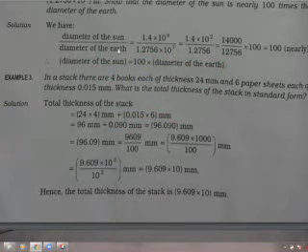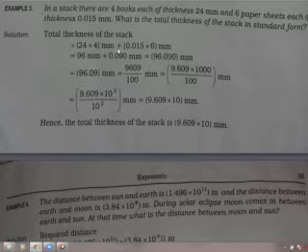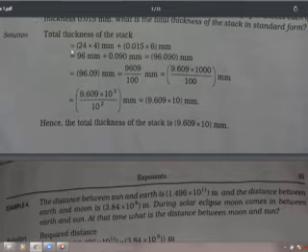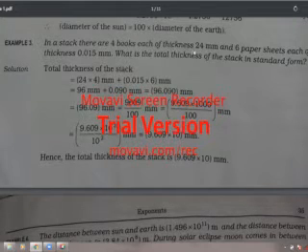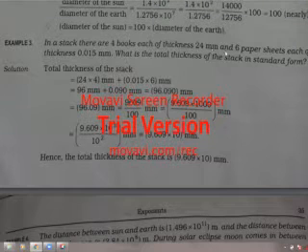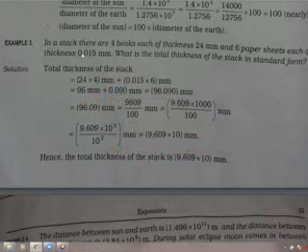Now if you will see example 3, here it has been said: in a stack there are 4 books, each of thickness 24 mm, 24 millimeter is the thickness of the book, and 6 paper sheets, each of thickness 0.015 mm. What is the total thickness of the stack in standard form?